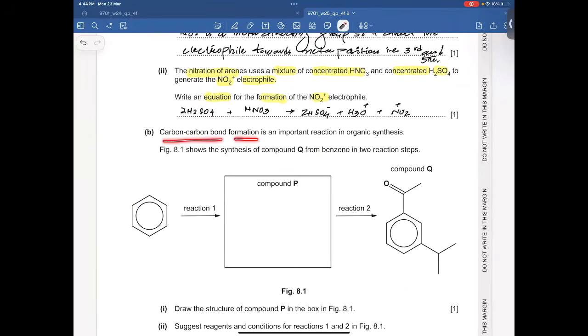Carbon-carbon bond formation is an important reaction in organic synthesis. Figure 8.1 shows synthesis of compound Q from benzene in two reactions. Oh my goodness. First of all, we have an acyl group and then we have an alkyl group. So the compound undergoes both acylation and alkylation.